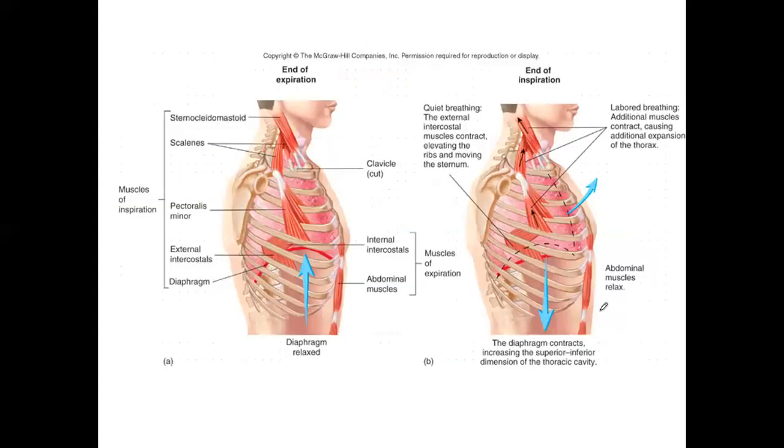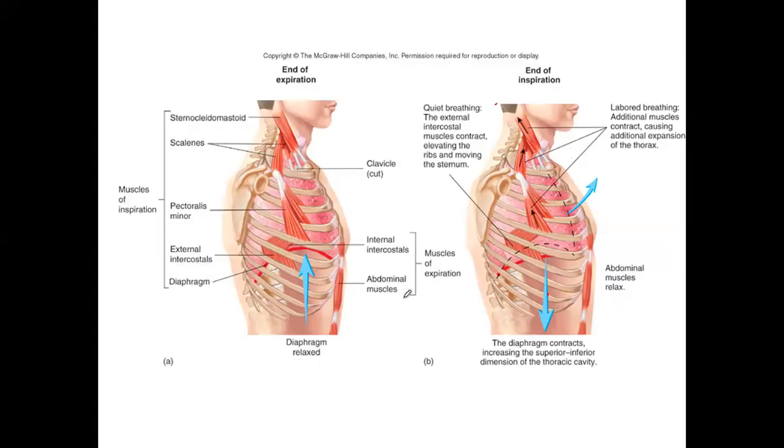So here's a side-by-side comparison. This is the end of inspiration. So the diaphragm has contracted, your external intercostals have contracted. The accessory muscles when you're taking a deep breath would be your pecs, your scalenes, and your sternocleidomastoid.